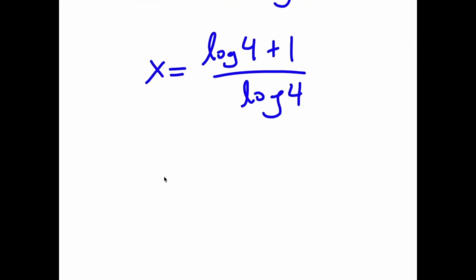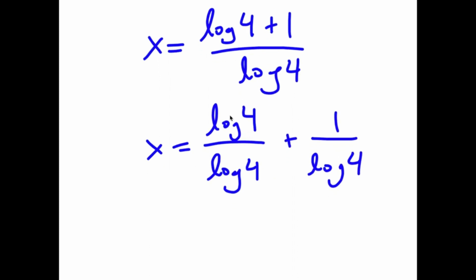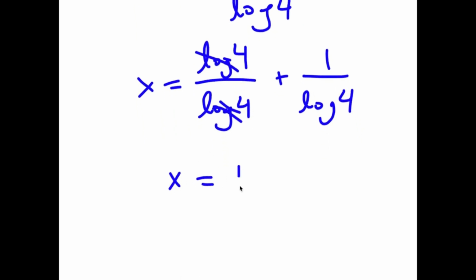Now, I can rewrite this as log 4 over log 4 plus 1 over log 4. Now log 4 and log 4, these two cancel out. So I have x is equal to 1 plus 1 over log 4.